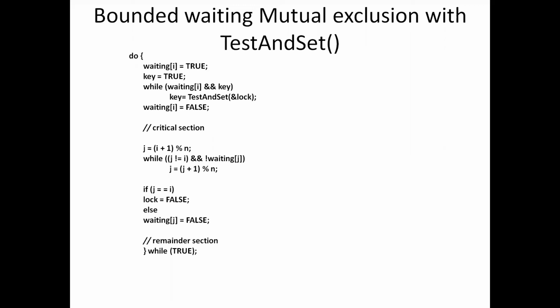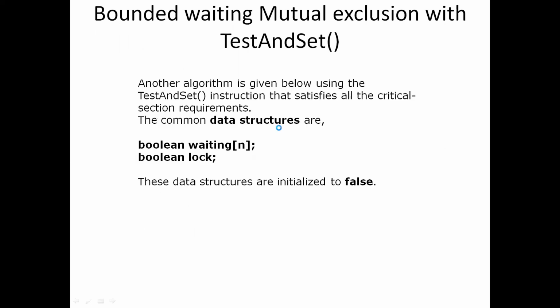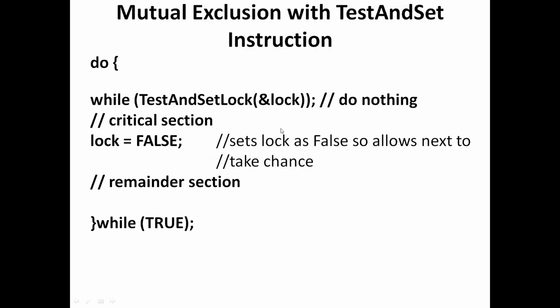Assume that the lock is stored in memory location 1000. So we are passing the address of the lock variable, that is 1000. At memory location 1000 we have the value false, and that we are passing to the test and set instruction.